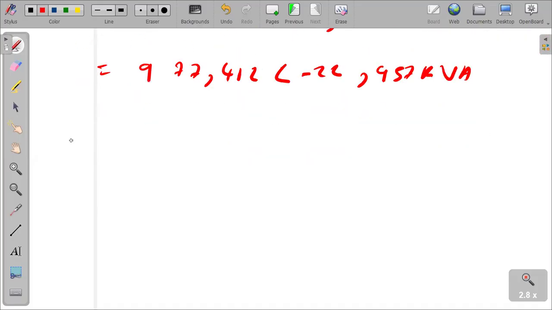We then use that to determine SA. SA is equal to root 3 VL IL over 1,000. With the information that we have, we can calculate it first.